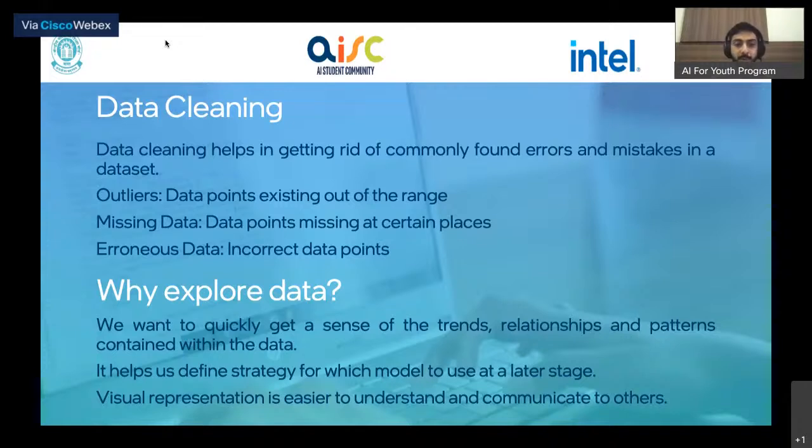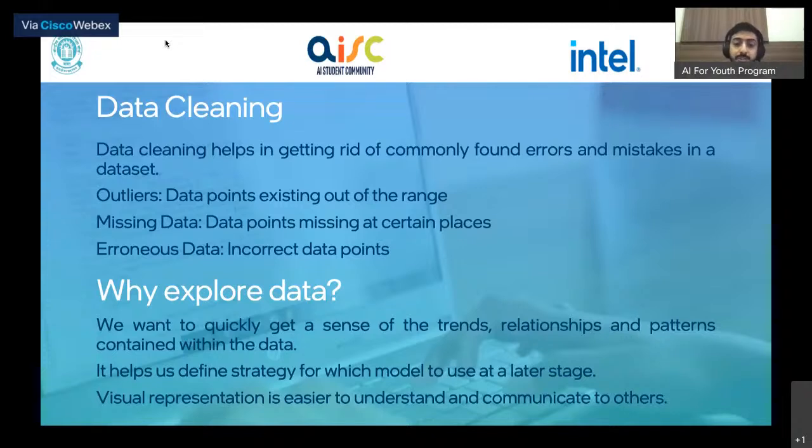These commonly found errors and mistakes need to be handled before you feed the data to the model. All right. Now comes data visualization. Why do we have to explore the data? Whenever we are looking at a tabular column of data, we would have numbers and numbers in it. Just by looking at it, can you identify a pattern or a trend or some relationship between the two data points?